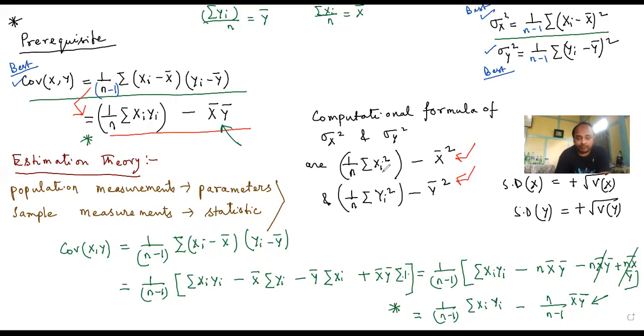Once we do so, let us see what happens to the correlation coefficient formula with these best measurements. Rxy is defined as covariance xy divided by the standard deviation of x into the standard deviation of y.